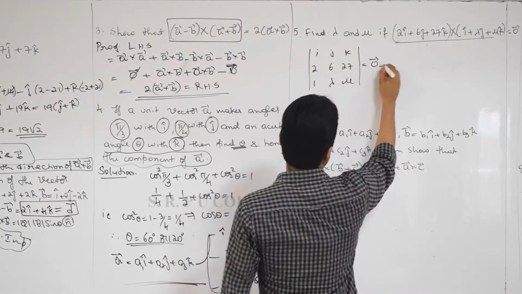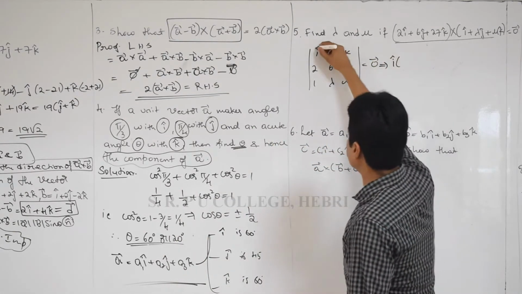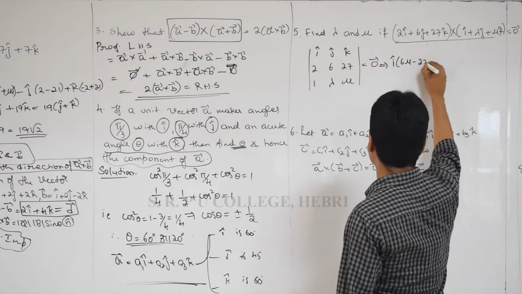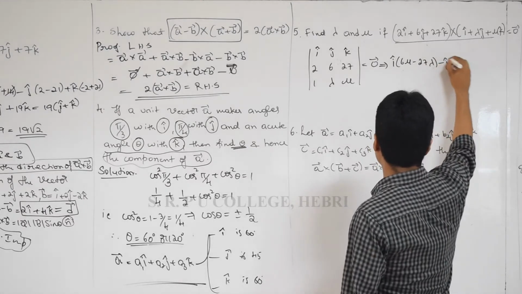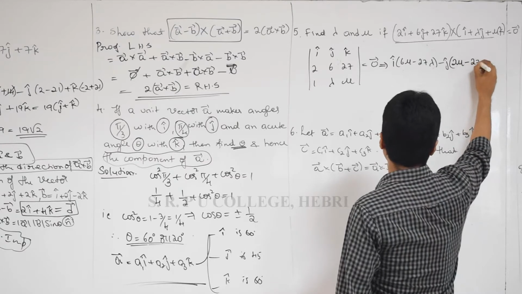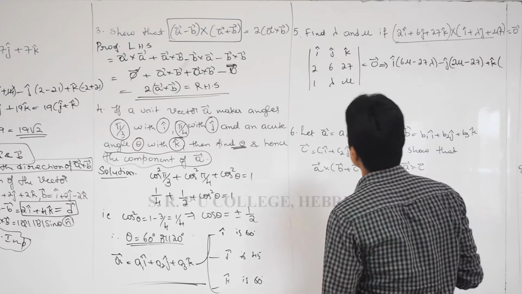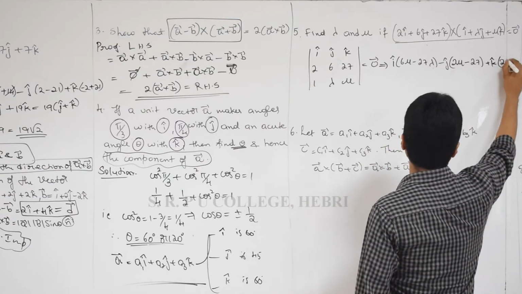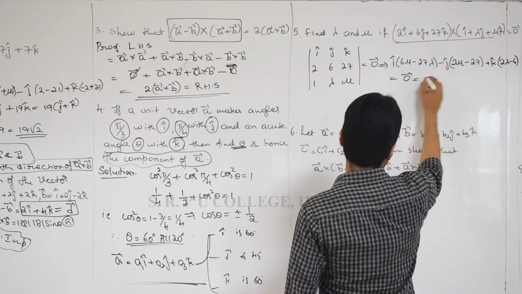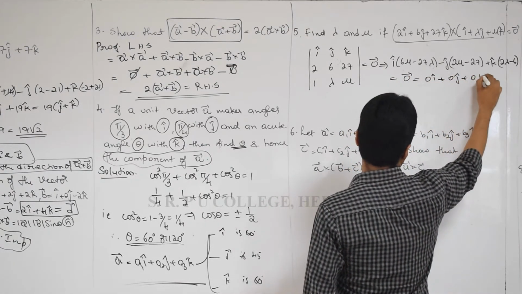So this implies I cap into (6 mu minus 27 lambda) minus J cap into (2 mu minus 27) plus K cap into (2 lambda minus 6) is equal to the zero vector. The zero vector is 0 into I cap, 0 into J cap, 0 into K cap.